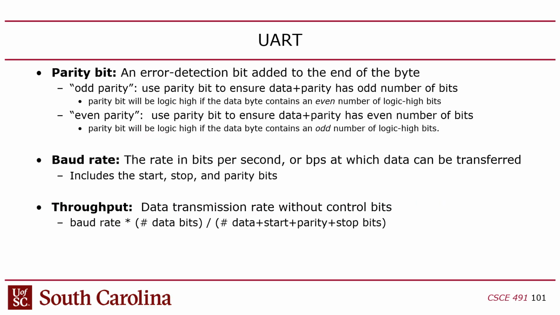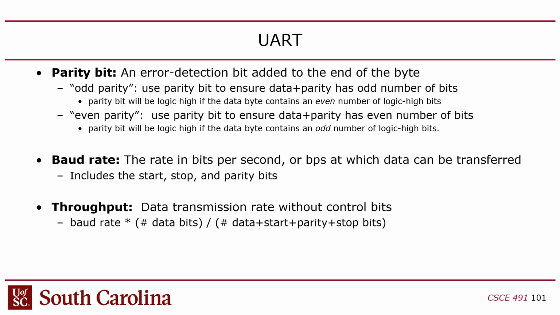Okay, and then we have an option for having a parity as well. I mentioned that because there's no information about clock phase, there's a chance that the driver will be changing the bit while the receiver is reading it, and that can lead to a metastability condition.